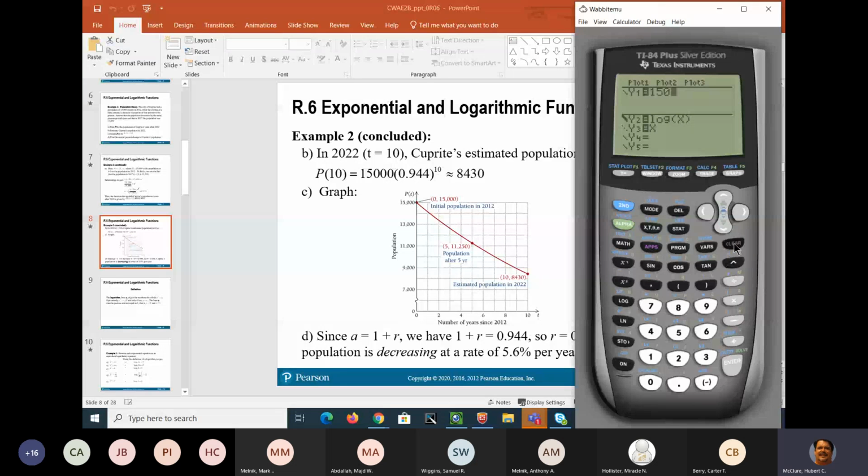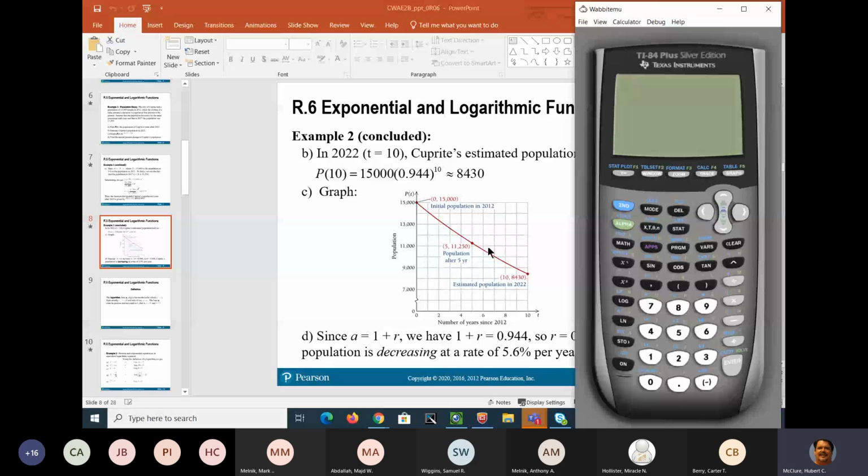I'm having a brain bubble. There we go, 15,000. No, that's not right. Should be a negative in there. Okay, I'm not going to worry about it. But anyway, there's the graph right there.